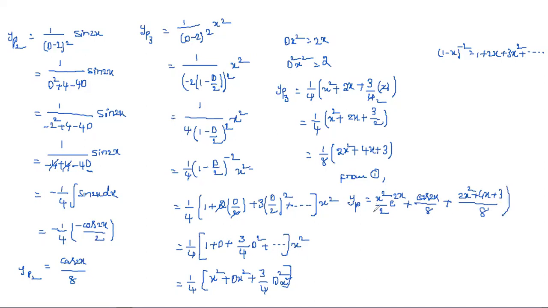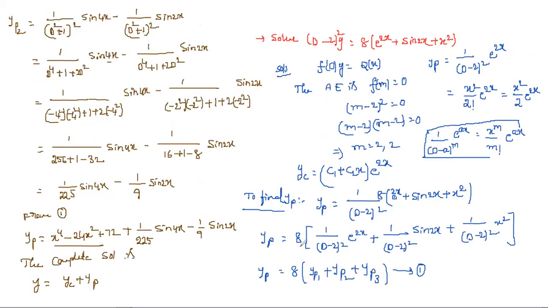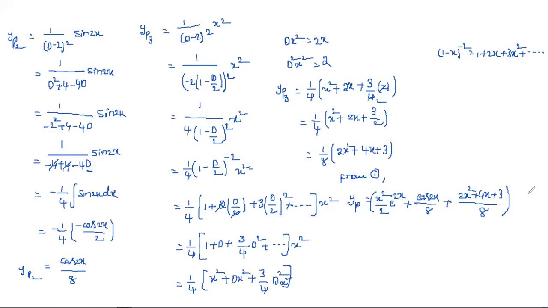The whole thing is into 8. So if you take the LCM, here 8 is the LCM, and then here we'll get 4x square e power 2x plus cos 2x plus 2x square plus 4x plus 3, and then 8 as well as 8 both will cancel, and then simply we'll get yp.